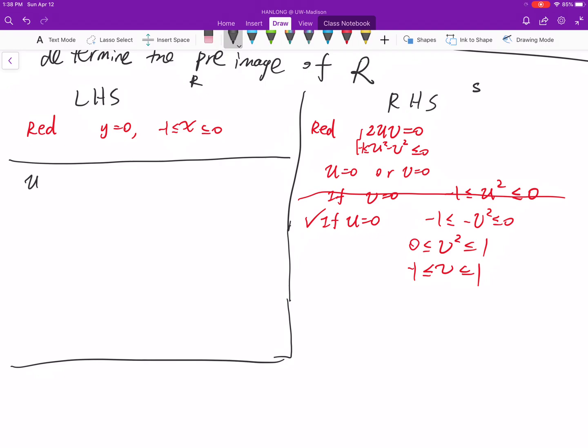So in the UV plane, okay, and then the red one is given by this, -1, 0, -1, 0.